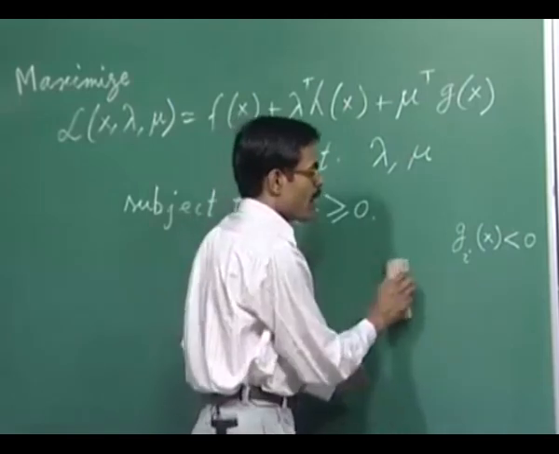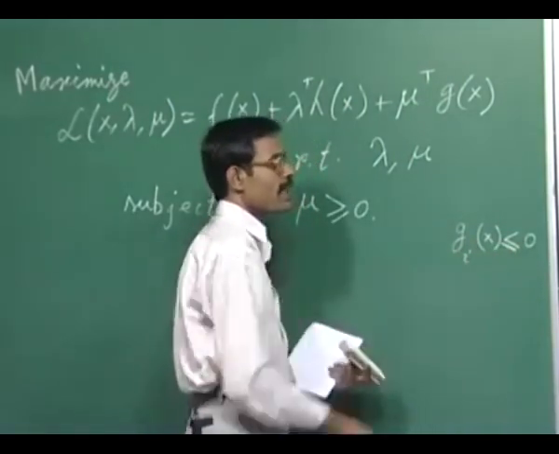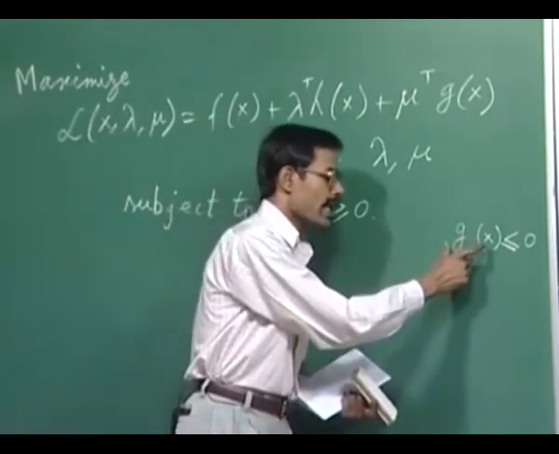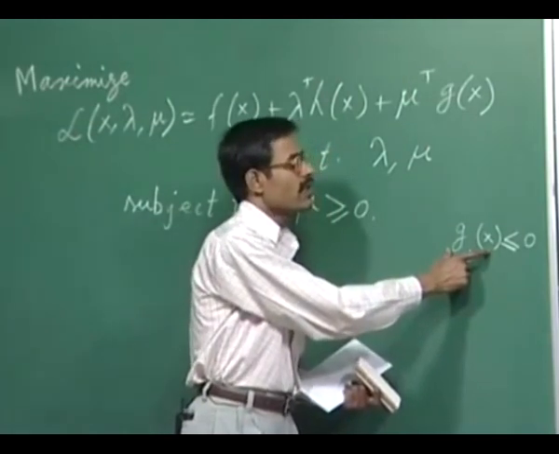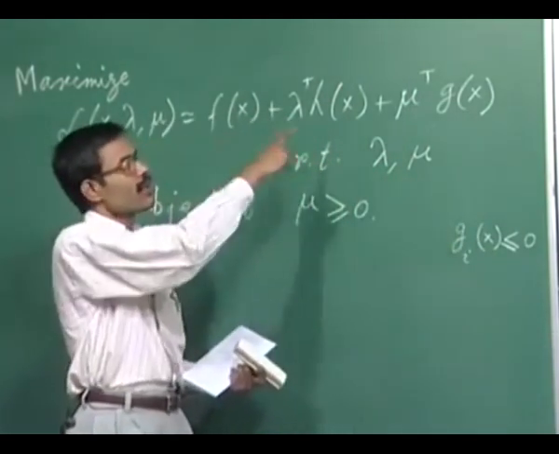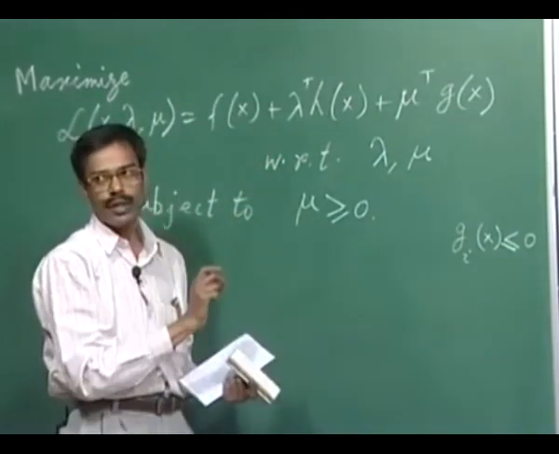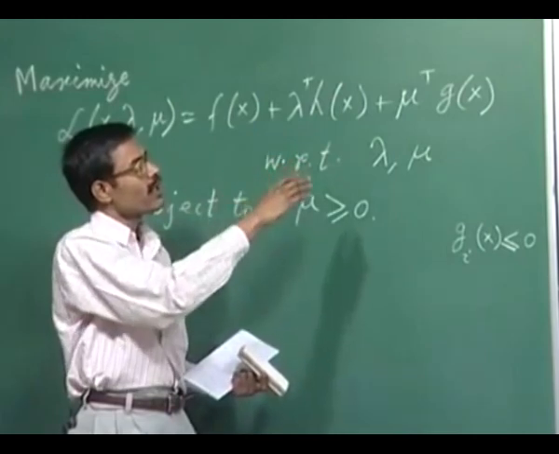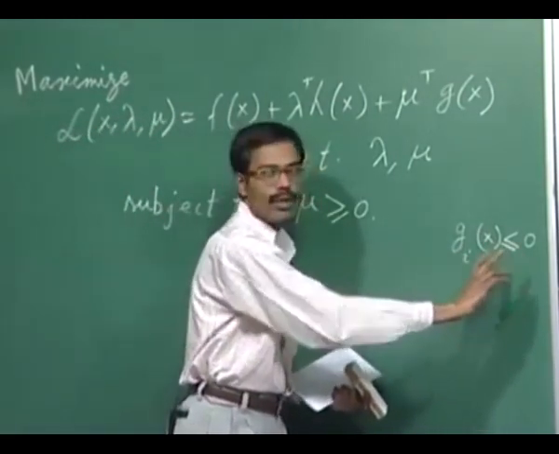This is one thing, but as the requirement we need all these to be less than or equal to 0. That means for a value of x at which any of these turns out to be positive, at that x, the solution of this maximization problem will fail, the maximum will not exist. So, for the maximum to exist, it is a necessary condition that this is less than or equal to 0.